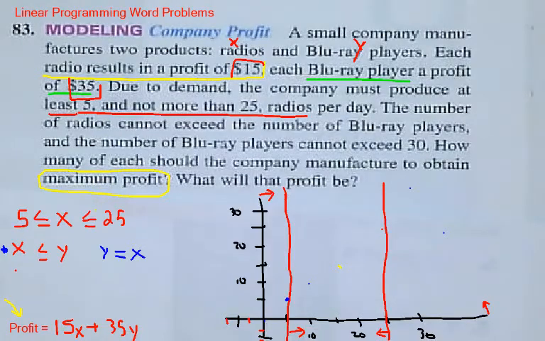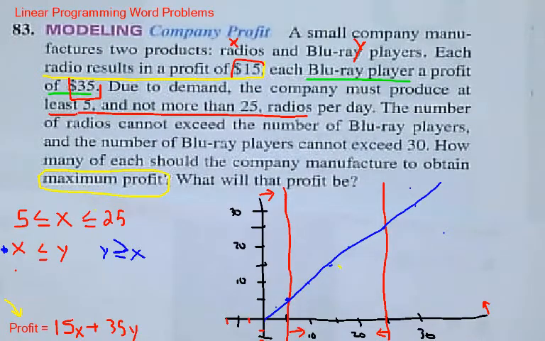I'm just doing 10, 10, and 15, 15, and 20, 20, and 25, 25, and 30, 30. So my blue line is just going to go, come on baby, as straight as you can. Okay, there we go.